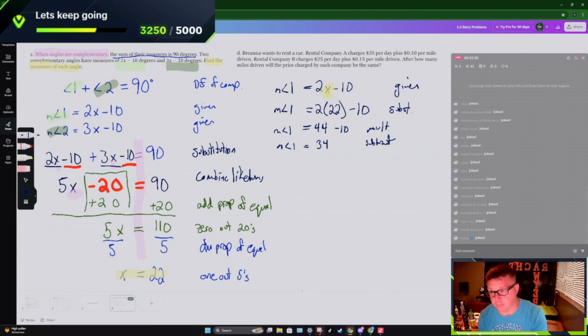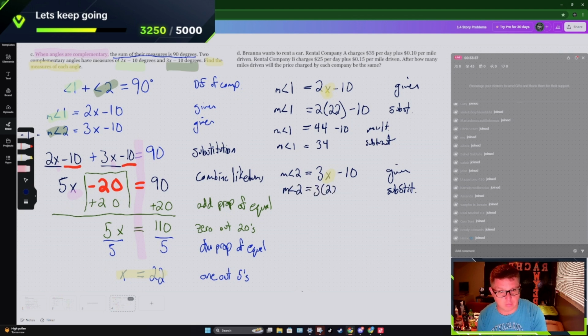That's great. I'm still not done though, because I need the measure of angle 2 now. The measure of angle 2 is 3x minus 10. So that x pops up again, and we know what that x is. This is given, and we're going to do substitution, because I'm going to put my answer for x into this equation.